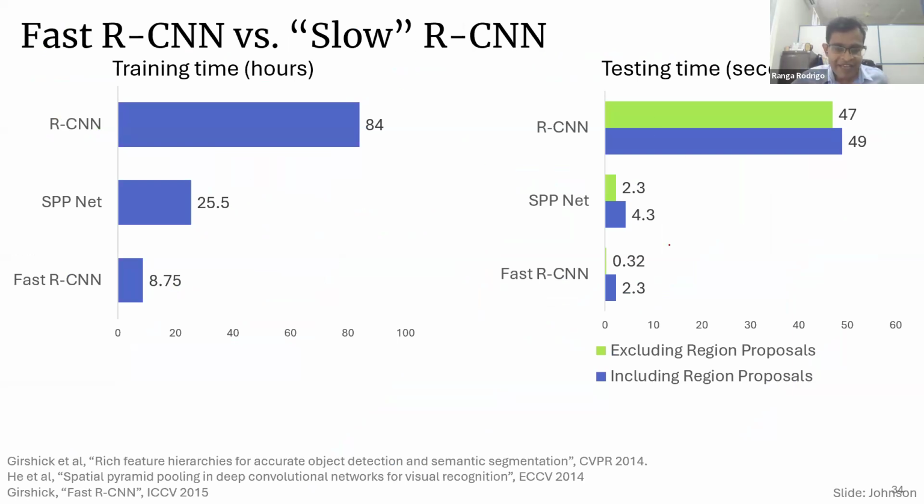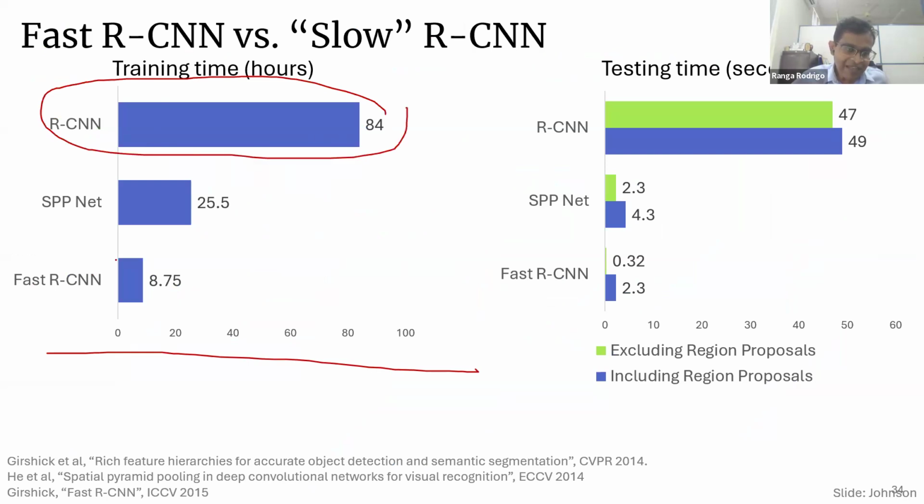Now the observation on R-CNN was that because of the region proposals, it took so much time. Fast R-CNN training time is much less, 8.75. But testing time for R-CNN was 49 seconds including region proposals.